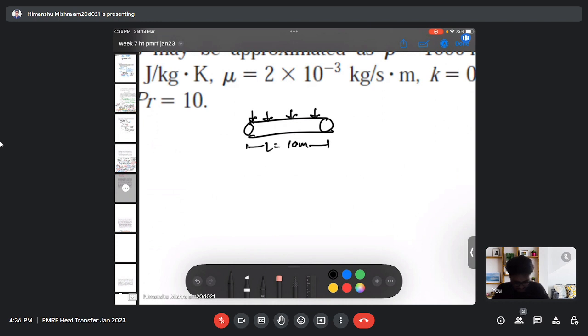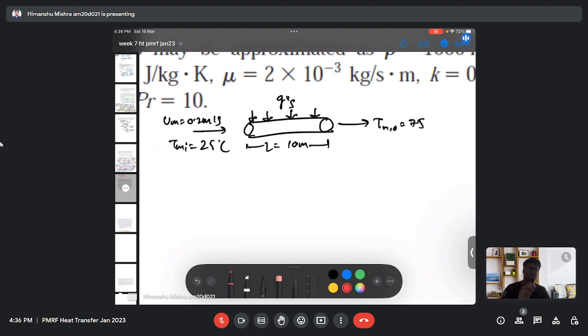The length is 10 meter, and the inlet temperature is 25 degrees Celsius. Mean velocity is 0.2 meter per second, and the outlet mean temperature is 75 degrees Celsius, and we don't know about the surface temperature.